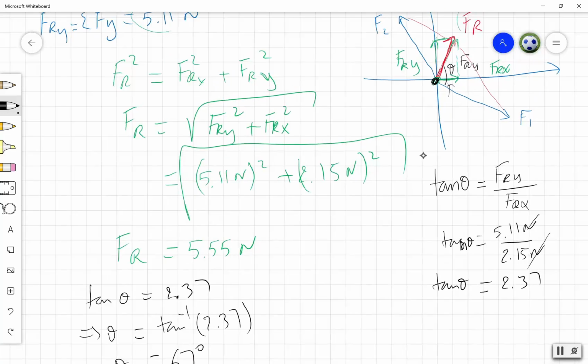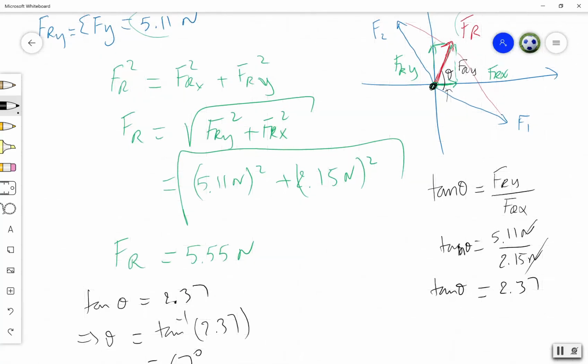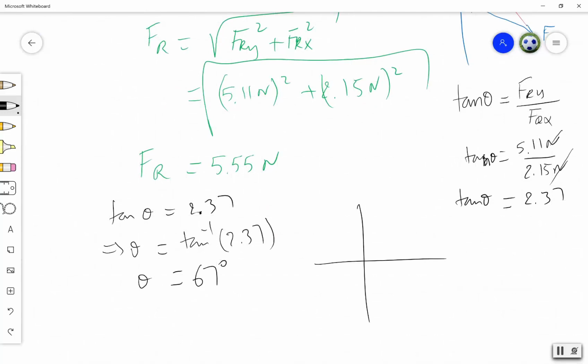So here is this theta. If I draw it here again, this is X, this is Y. So FR, the resultant, equals 5.5 Newton, and theta is 67 degrees. Now, what should I do to keep this particle in static equilibrium? I should cancel this FR.